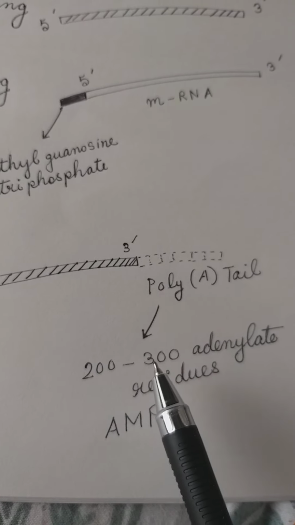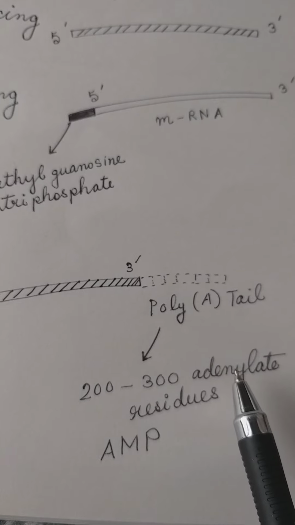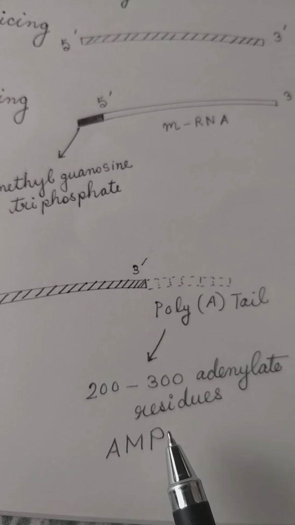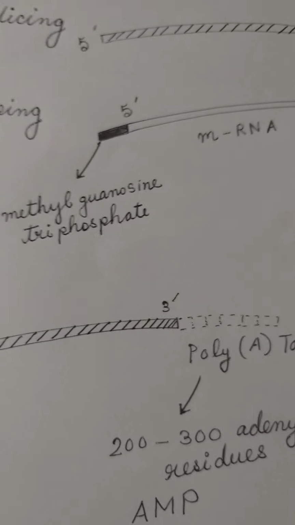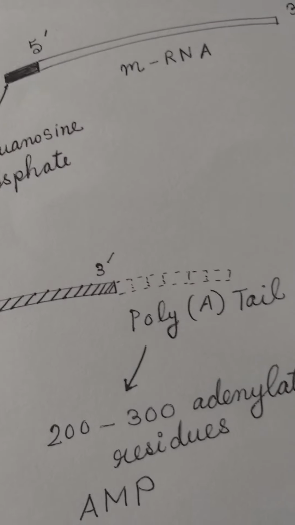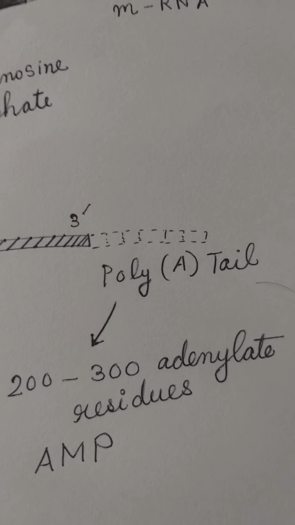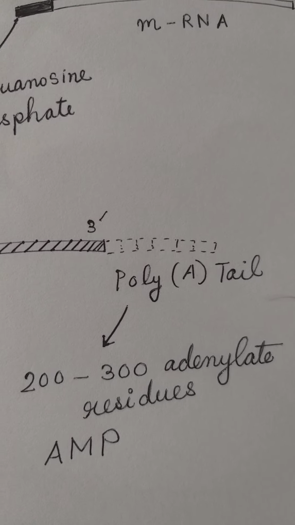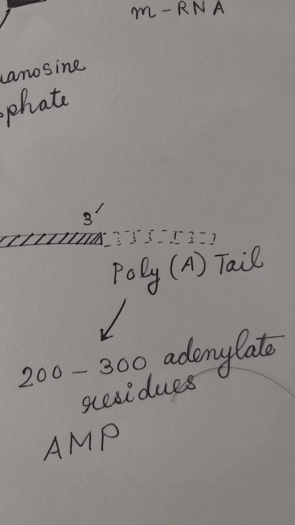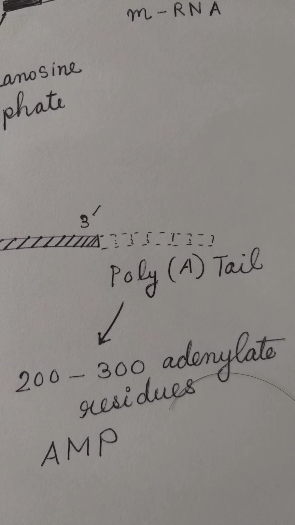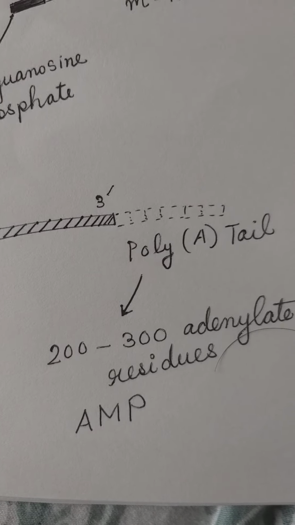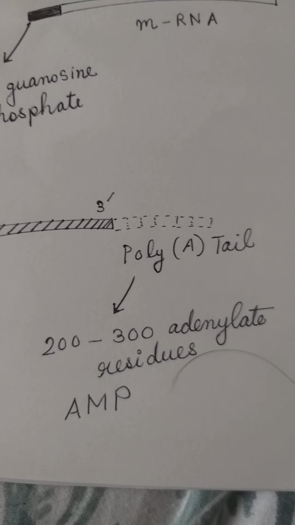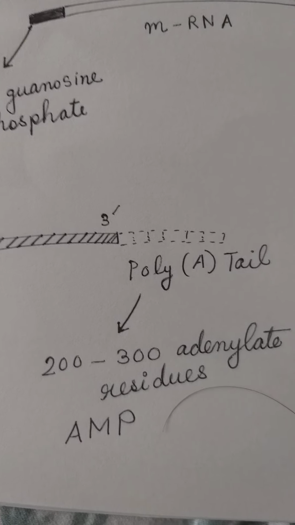So 200 to 300 adenylate residues or adenosine monophosphates are added in a template independent fashion. Template independent fashion means without using a template, without depending on the sequence of the template. 200 to 300 adenylate residues are added to the 3' end.